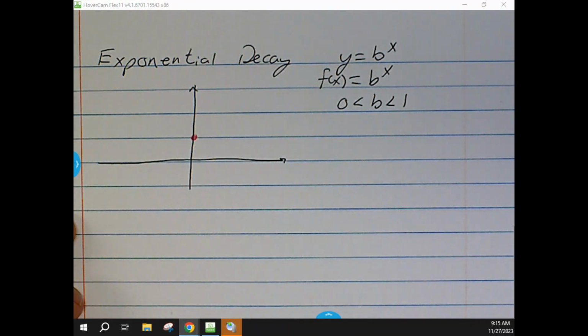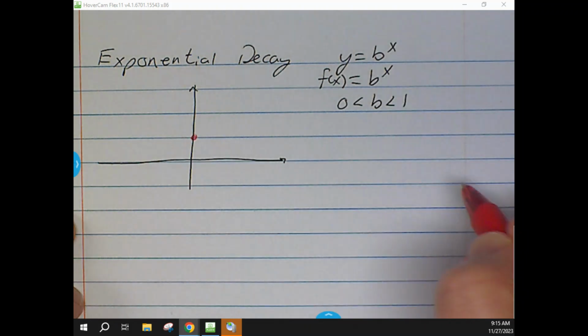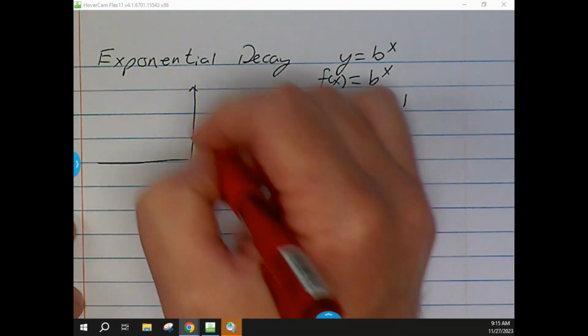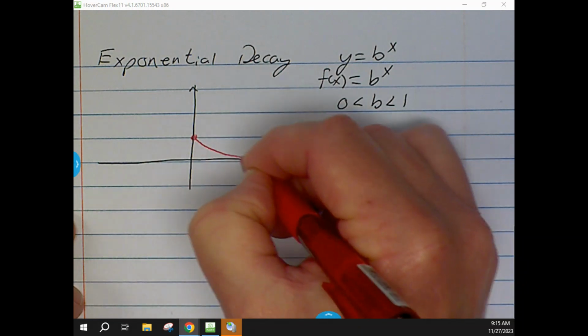Again, it doesn't matter what this number is. If it's anything to the 0 power, you're still going to go through (0, 1). The difference is that if it's decay, then instead of the answers getting bigger, the answers are going to get smaller.